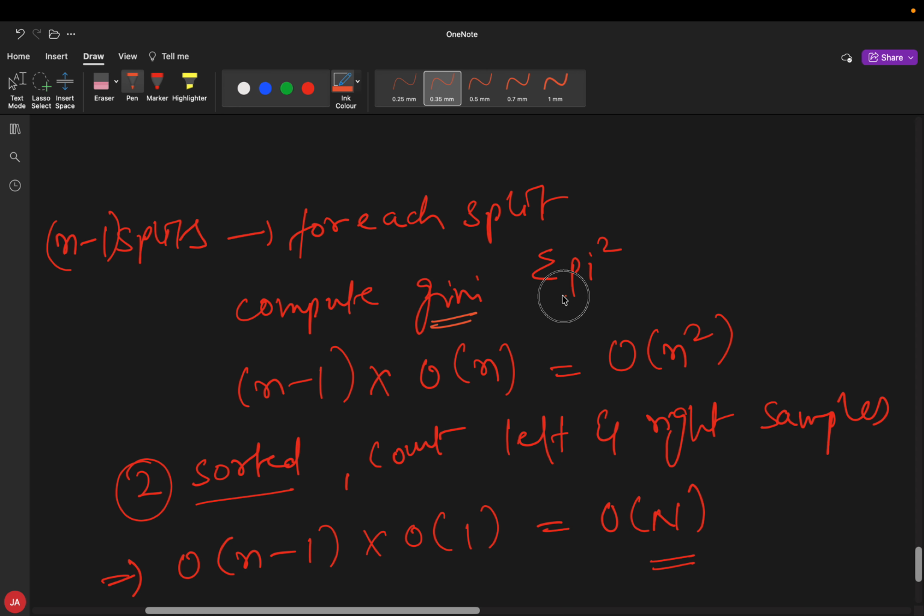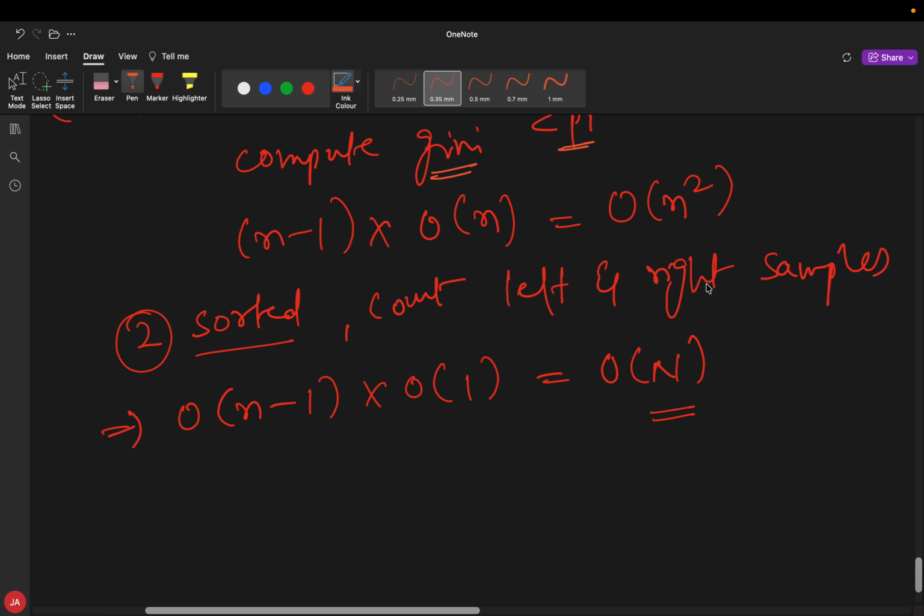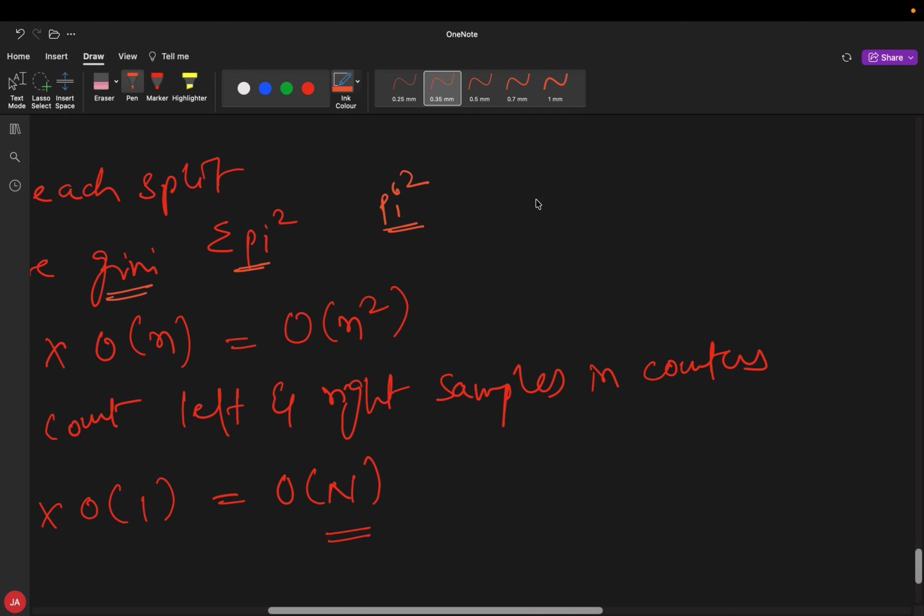As we compute the Gini, the proportion squared. For the first threshold, let's say temperature 96, left has 0 samples and right has, let's say, 100 samples. So we store this value, left equals 0, right equals 100. Now if you take another threshold value as 97, we just update these pointers. We don't count everything again.